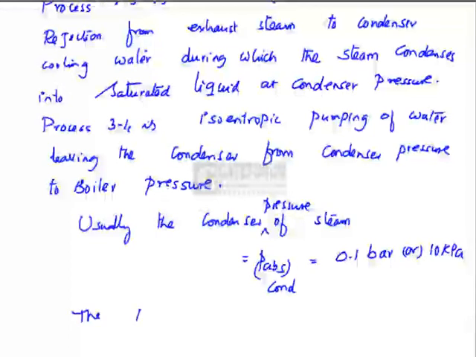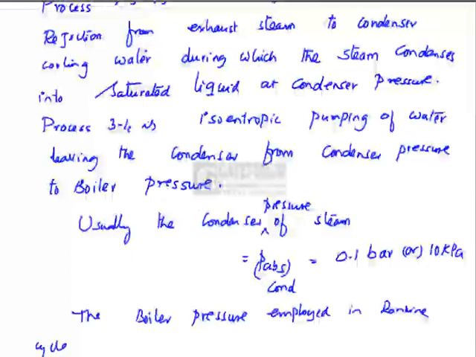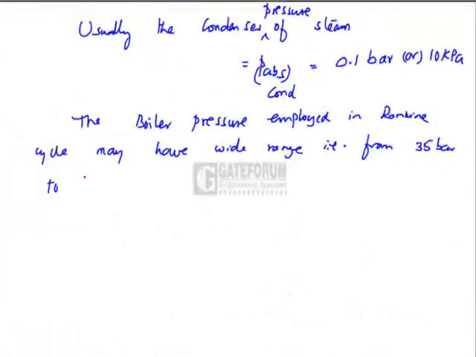The boiler pressures employed in a Rankine cycle may have a wide range, that is from 35 bar to 200 bar.